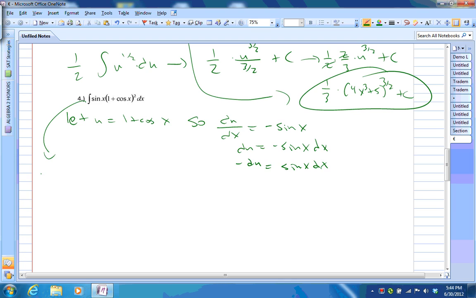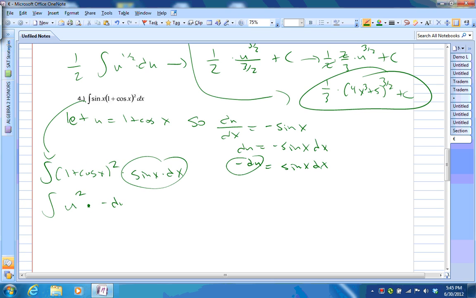So let's rewrite this. The integral of (1 plus cos x) squared times sine x times dx. So that would be the integral of u squared, and all this goes away, you put negative du in its place. So times negative du, or negative integral of u squared du.